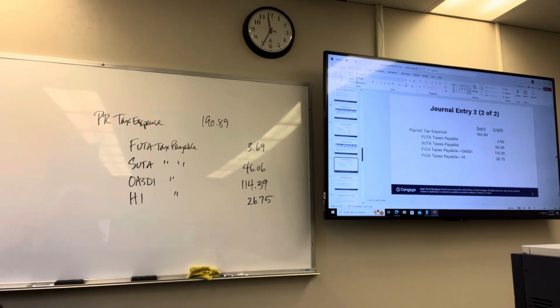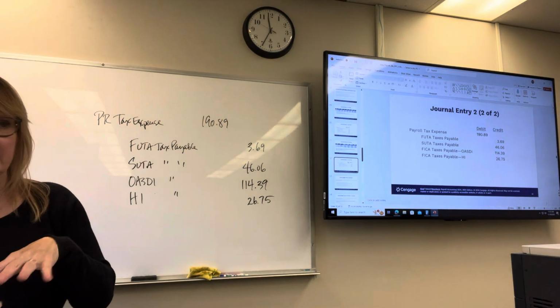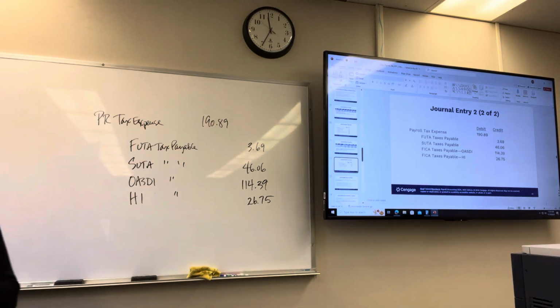So you've got enough knowledge now, having gone through this class, that if I said, okay, I've got 2 employees, here are their W-4s that show how much they're going to have withheld. Here's information about any pre-tax benefits that they are participating in.